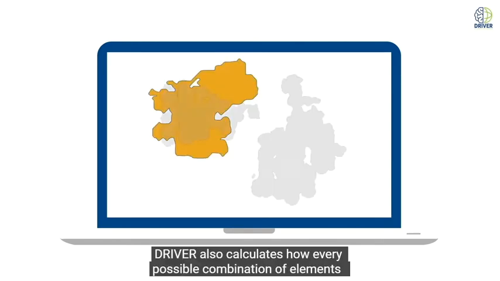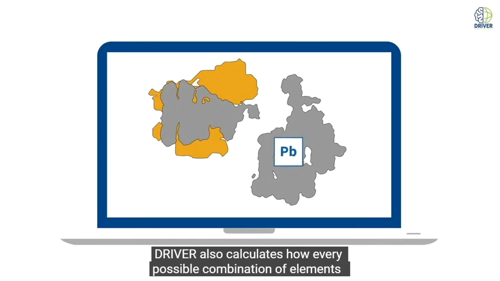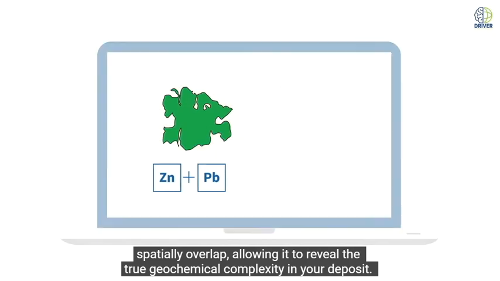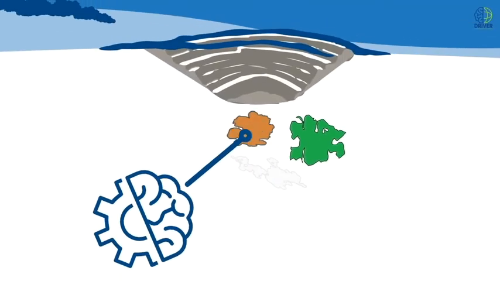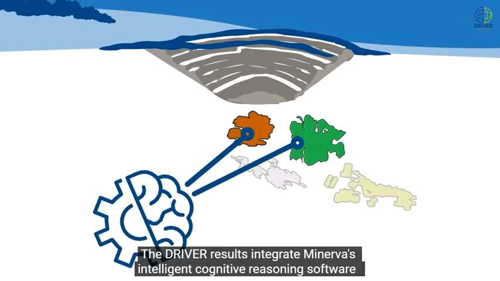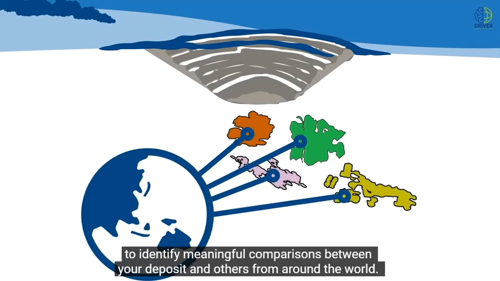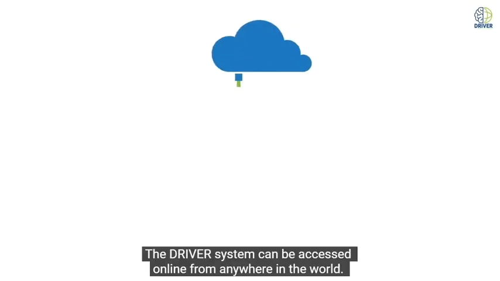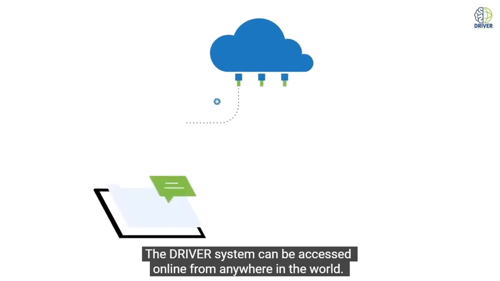Driver also calculates how every possible combination of elements spatially overlap, allowing to reveal the true geochemical complexity in your deposit. The Driver results integrate Minerva's intelligent cognitive reasoning software to identify meaningful comparisons between your deposit and others from around the world. The Driver system can be accessed online from anywhere in the world.